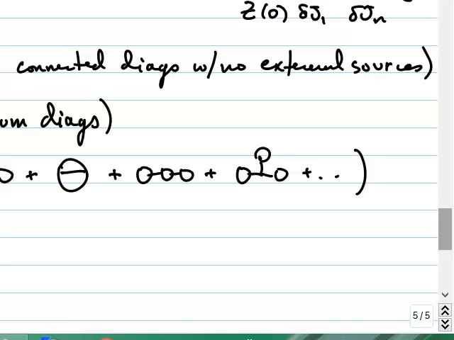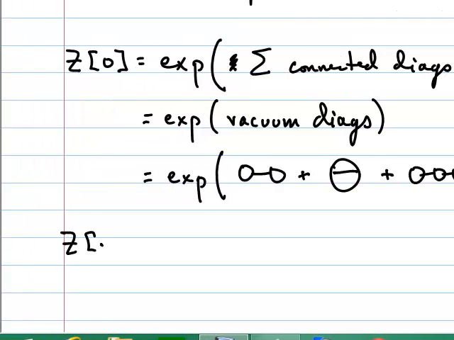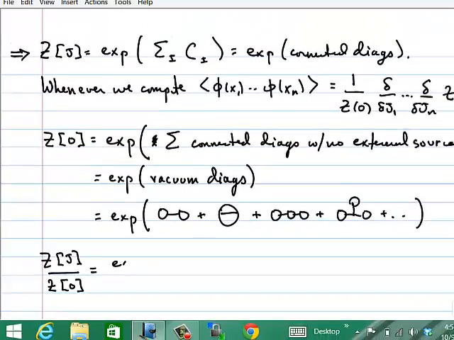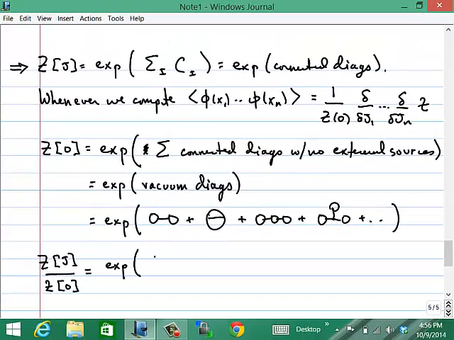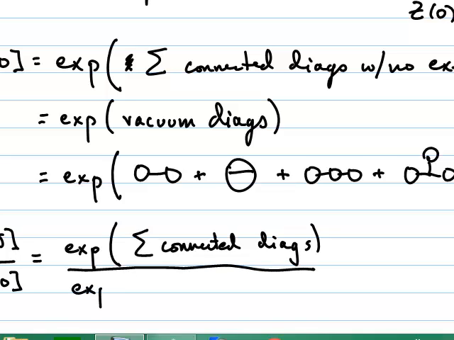So when we normalize, what we really do is compute Z of J divided by Z of 0. Okay. So what is that? That's the exponential of the sum of all connected diagrams divided by the exponential of the sum of all vacuum diagrams.